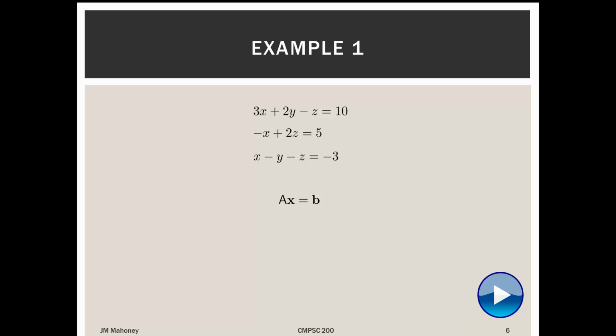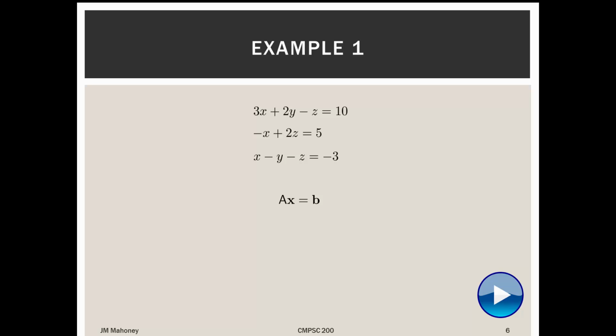In general, the first step is to make sure that the variable terms are on the left-hand side and the constant terms are on the right-hand side. If we look at all three equations here, on the left-hand side of each we have x, y, and z with their proper coefficients. On the right-hand side, we have just the constant term: a 10, a 5, and a -3.